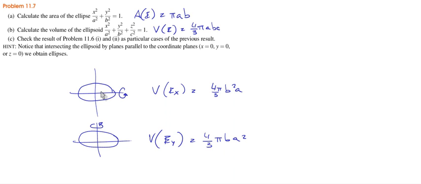Now, if you rotate this ellipse around the x-axis, what you get is the same ellipsoid that we have just been discussing. It's just that instead of minus c and c, it is minus b and b in the z-axis, and a in the x-axis.